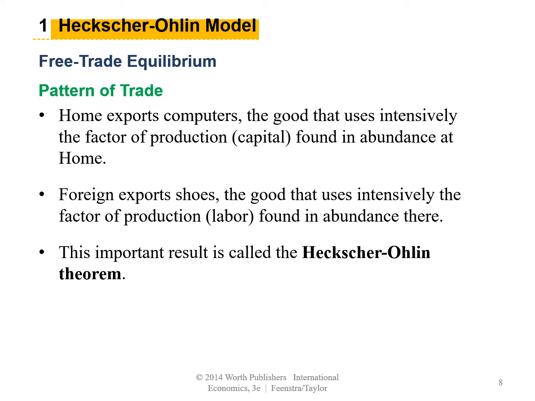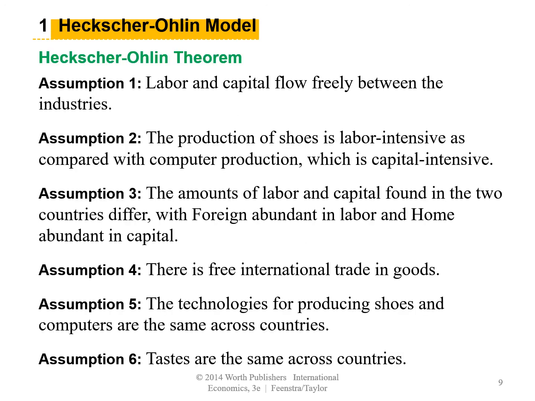And this is the Heckscher-Ohlin theorem. This theorem, or this theory, predicts the direction of trade and what the two countries should be doing to maximize their welfare. This is a summary of all the assumptions you need for this model.